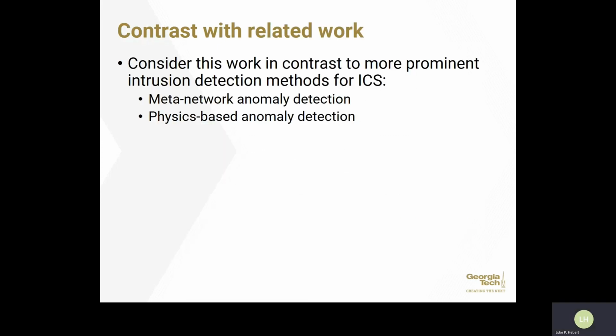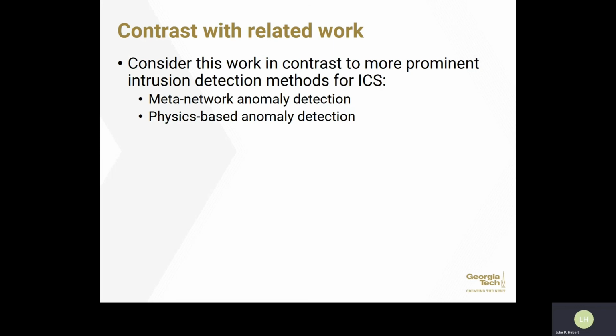To contrast this work with related work, this work of course used purely content-based anomaly detection, which has been largely discarded by the ICS security community because of the issue of having little to no information about proprietary protocols in use. But other methods include meta-network anomaly detection and physics-based anomaly detection.